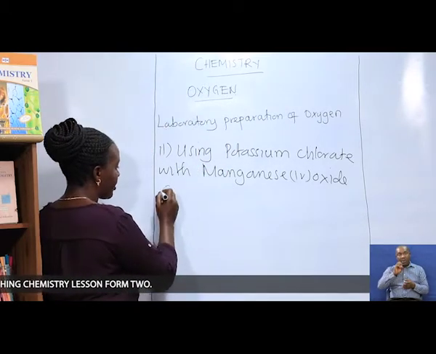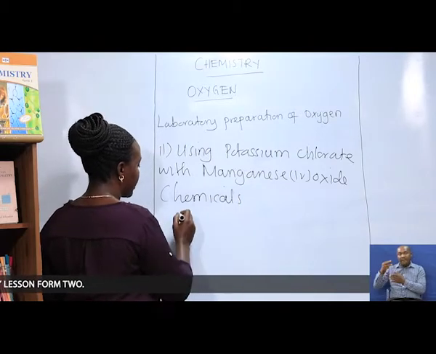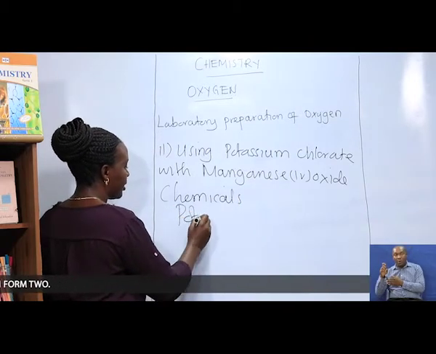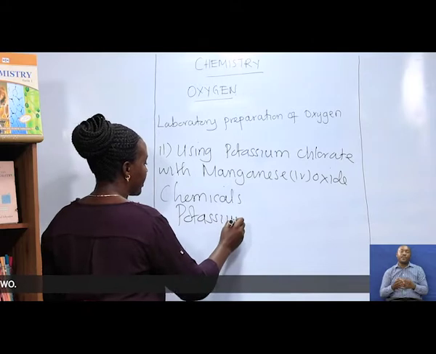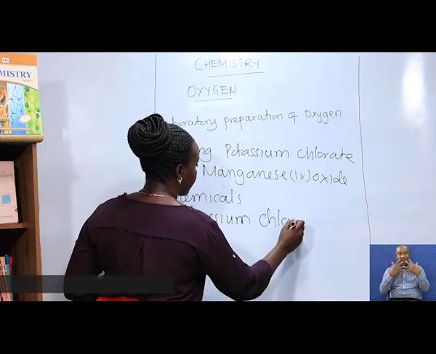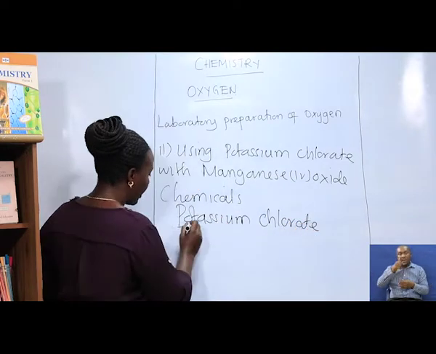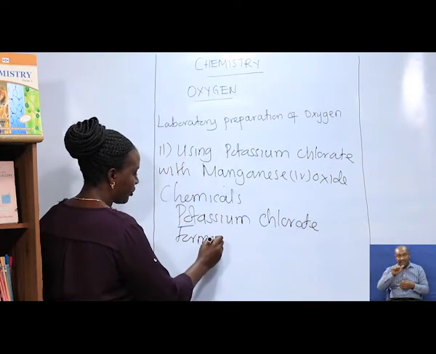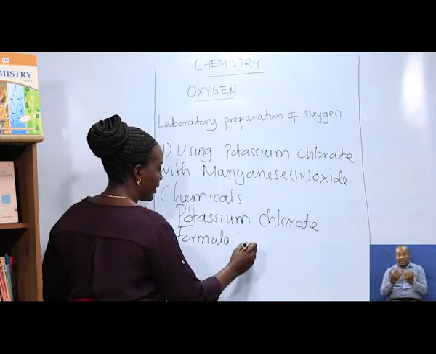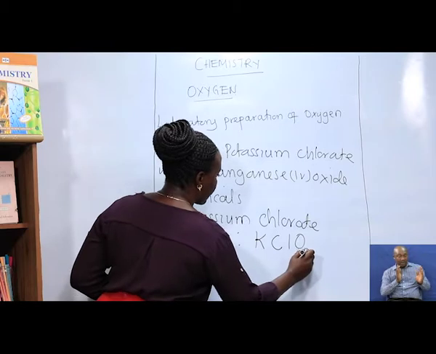Now, our chemicals: the chemicals that you're going to use are potassium chlorate. The formula for potassium chlorate is KClO sub 3.